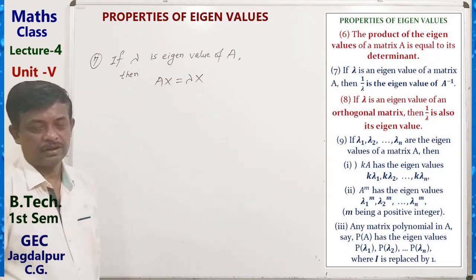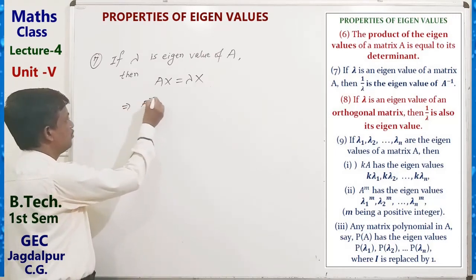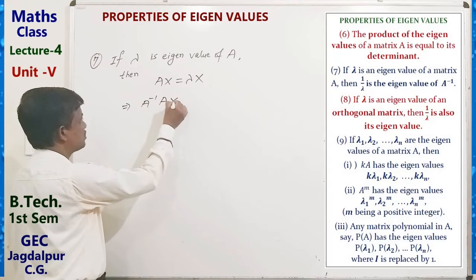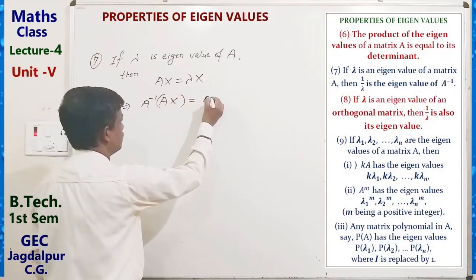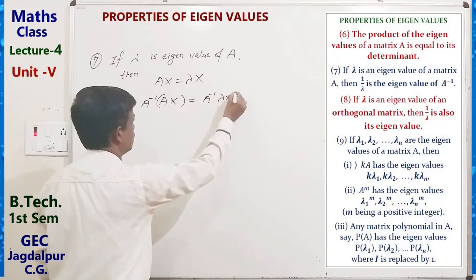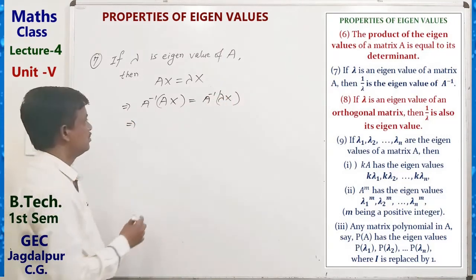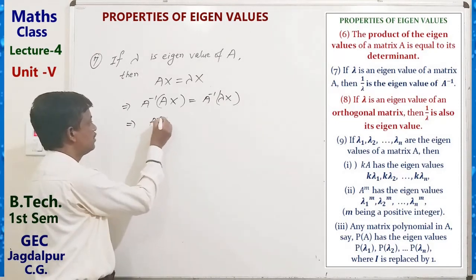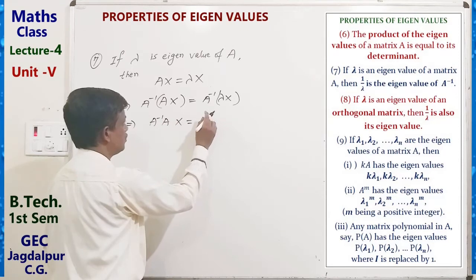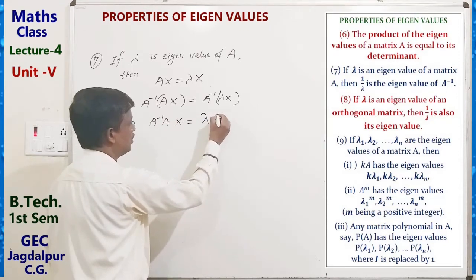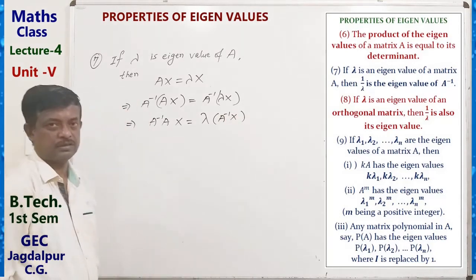Now pre-multiplying by A inverse on both sides. So here A inverse A x equals lambda A inverse x, because lambda is constant.